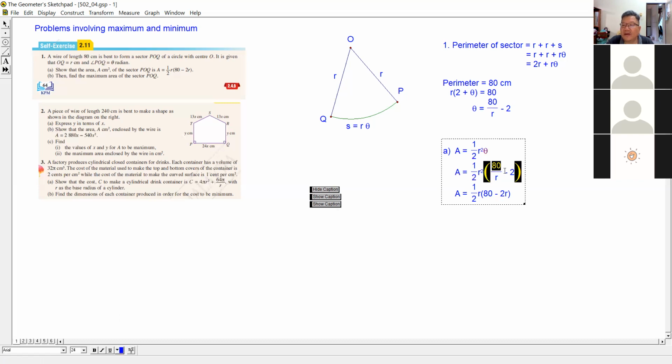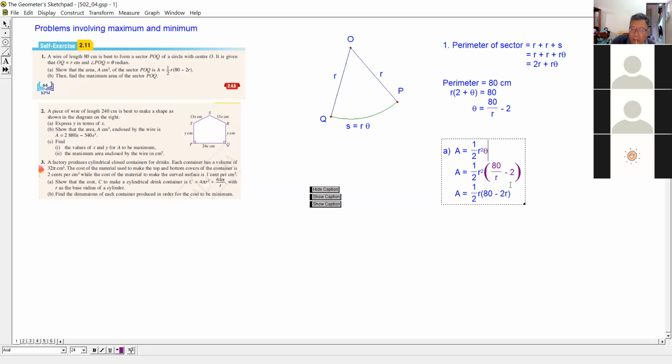Where do I get this? From the above equation. So theta is this thing, so I have to replace theta with this thing here.